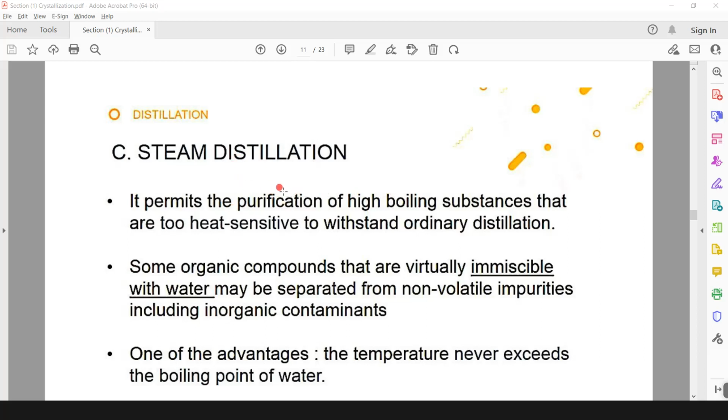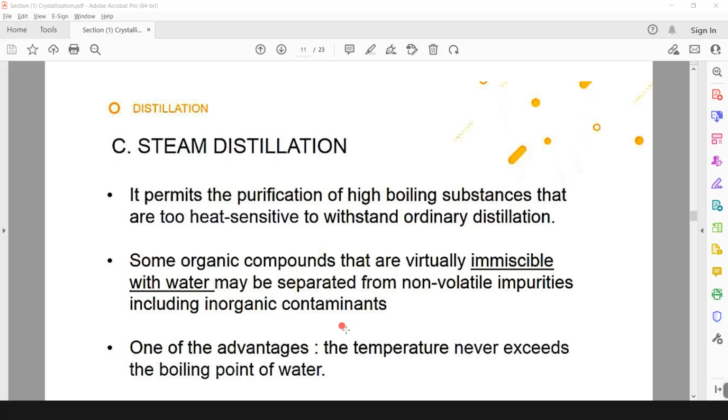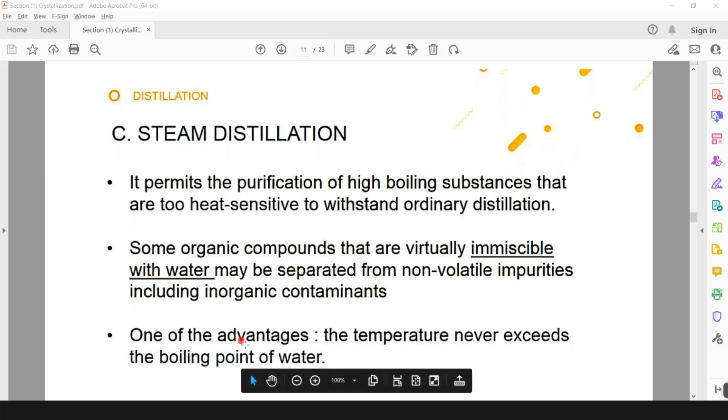So together with my liquid, I will add steam of hot water, but there is a condition that this method should only be used for heat sensitive or thermolabile materials that are immiscible with water. They must be immiscible. Why? We will explain this. What is the advantage? The temperature never exceeds the boiling point of water, because we said the mixture will boil below the lowest boiling point. So again, steam distillation is used for thermolabile liquid that is, and must be, immiscible with water.